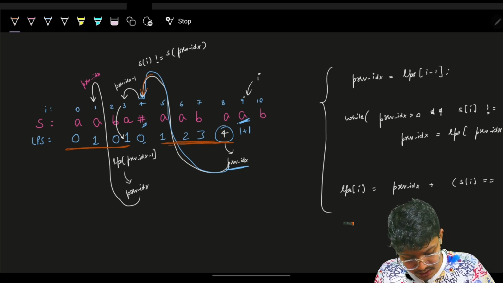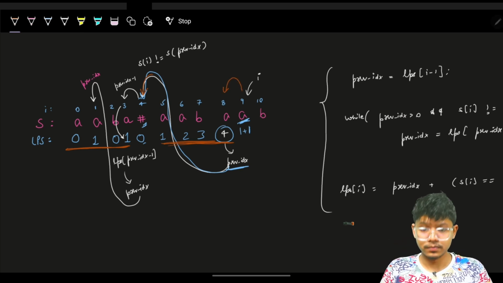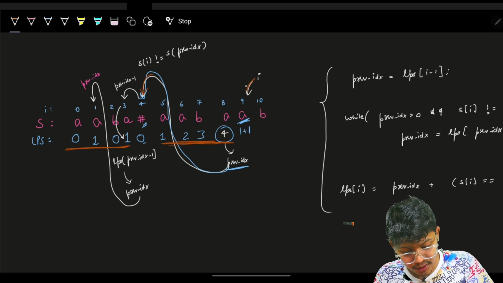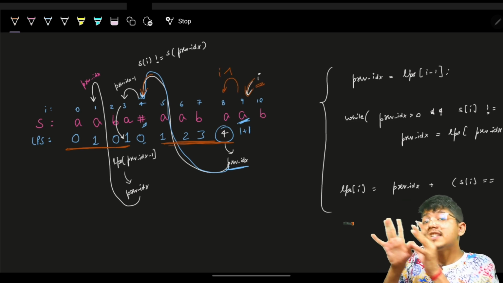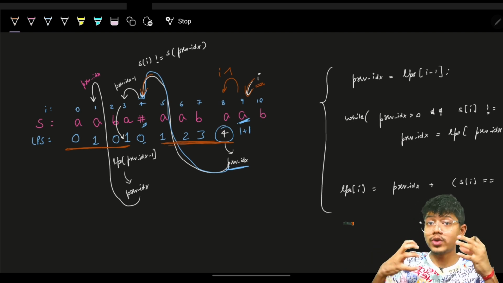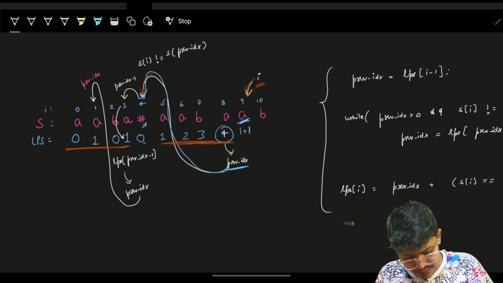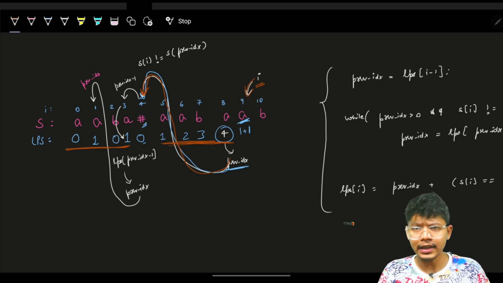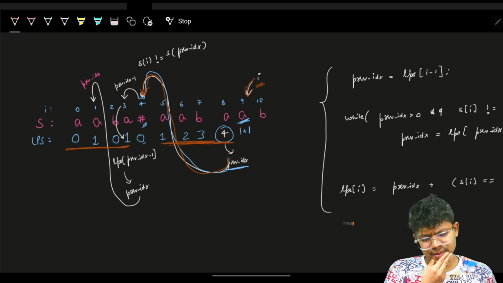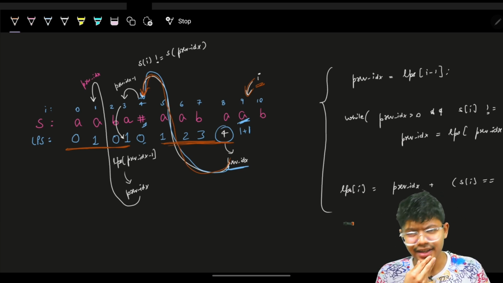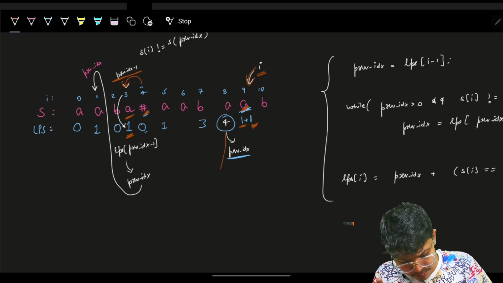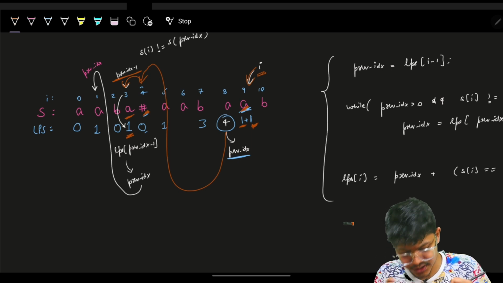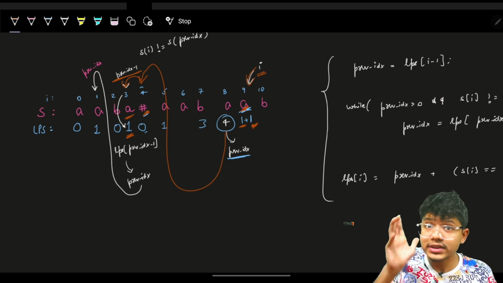Because when you were computing the answer for this I, you were doing a minus 1 because your previous bro was actually storing the answer. So when I went here, I asked my bro, bro, what is the value? Bro, I did not match. You know one thing, okay, for sure, my 4 did not match with my hash. I have to go somewhere else.